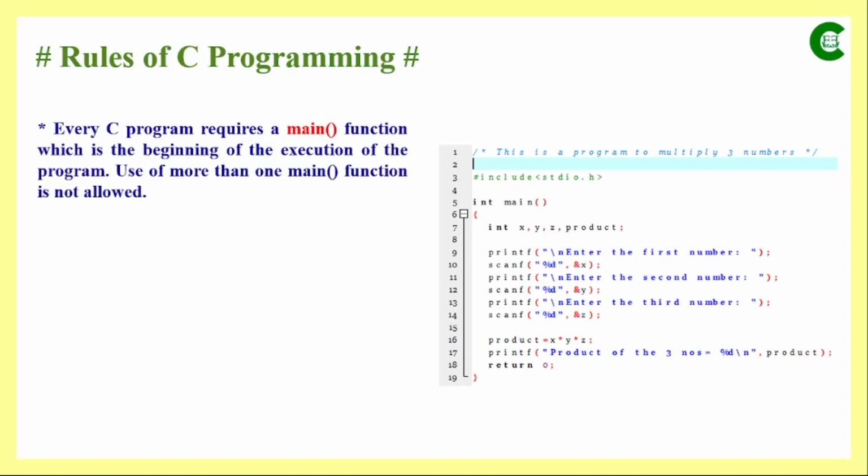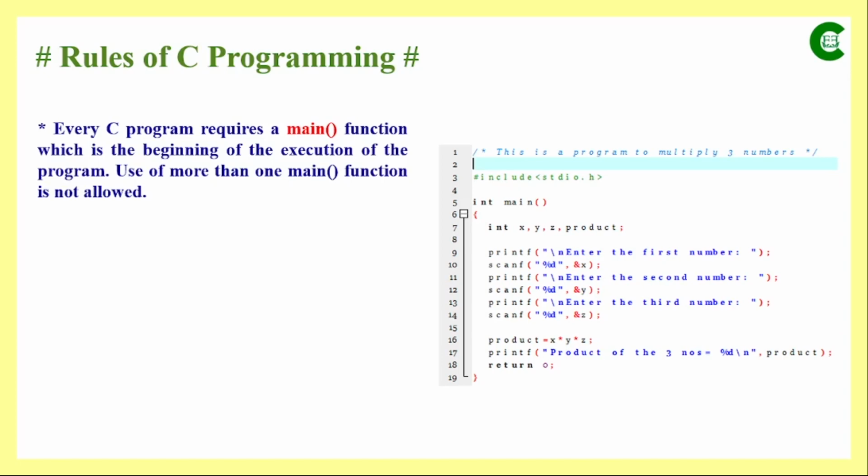It could be library functions that are already defined, whose functionalities are already fixed. It could be functions defined by us, the users, so we can change their functionality as per our requirement. But in every C program, there will be only one main function that we have to remember.